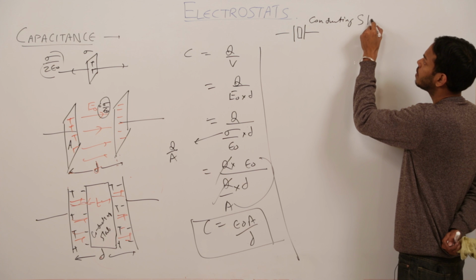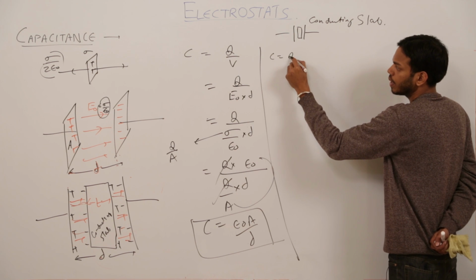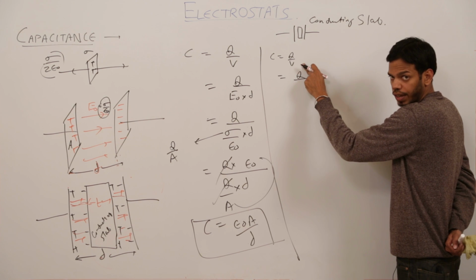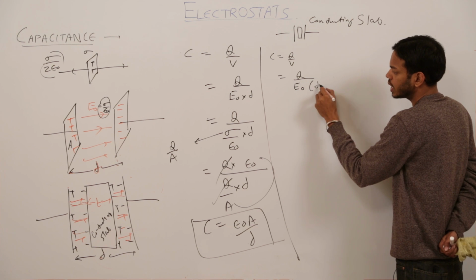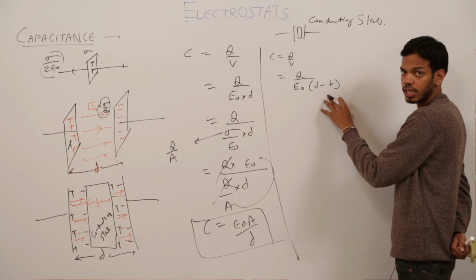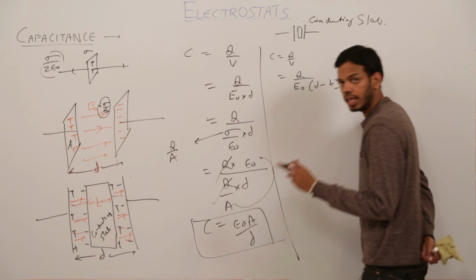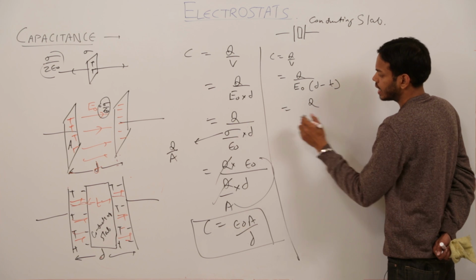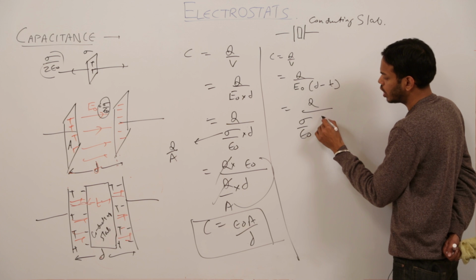Conducting slab in between. So I will start with the first step, Q upon V, which is, instead of V, electric field into distance, but this time the distance is d minus t, not d, because the electric field is in the d minus t region only. The rest of the steps are the same. Instead of electric field I will be writing sigma upon epsilon naught.